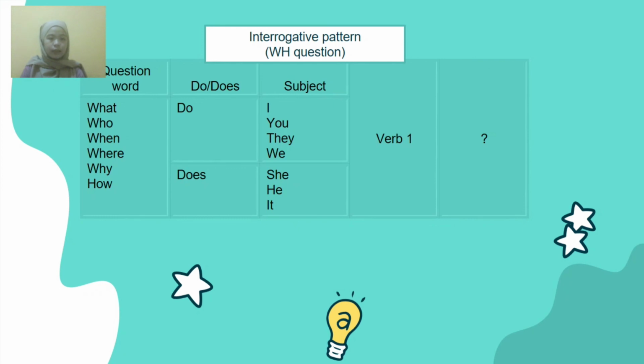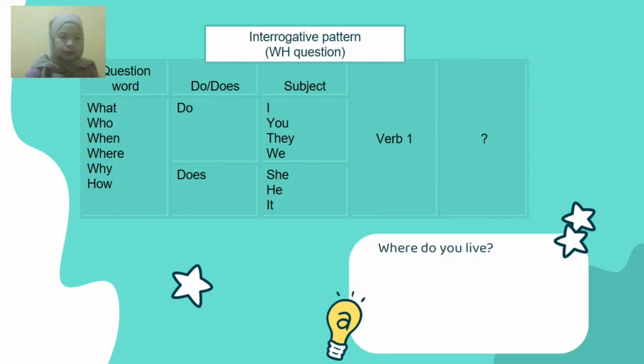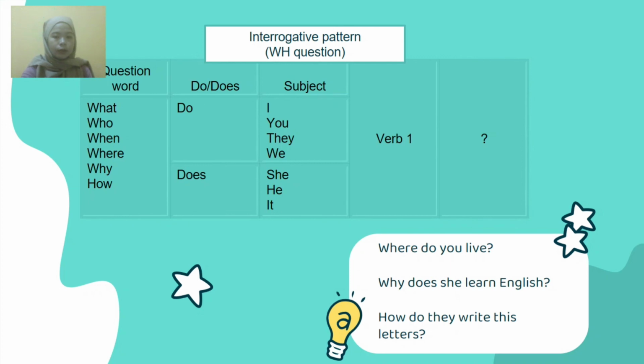The difference is we put the question words at the beginning of the sentence. For example, where do you live? Why does she learn English? How do they write these letters?